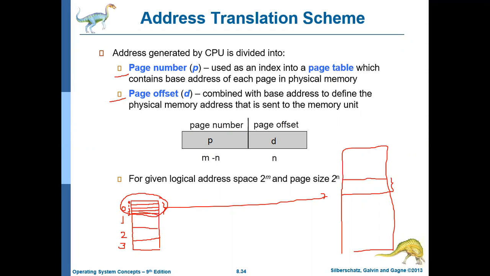Page number 1 will be shifted, let's say, here, in a different memory location. It may or may not be contiguous. But again, the offset values here will have the same order, as you can see here. So there will be two things, a page number and an offset.